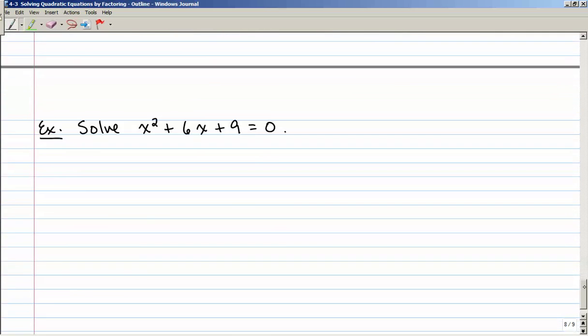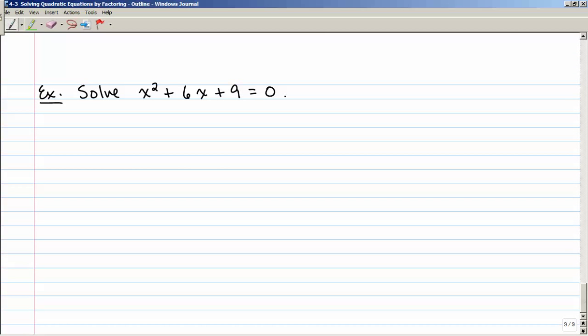Let's take a look at an equation that uses a perfect square trinomial. This one's a little easier. So we have x squared plus 6x plus 9 equals 0. X squared is a perfect square. 9 is a perfect square.